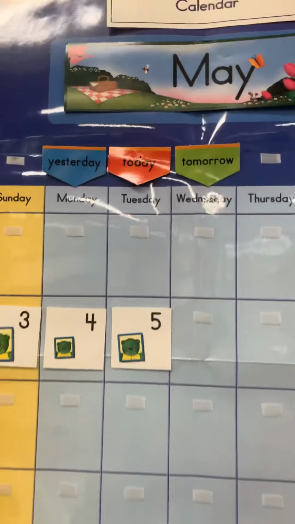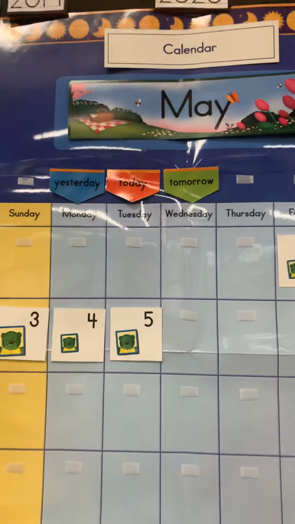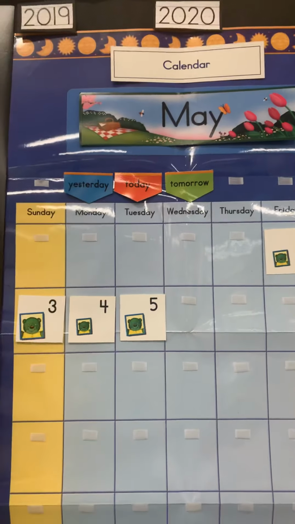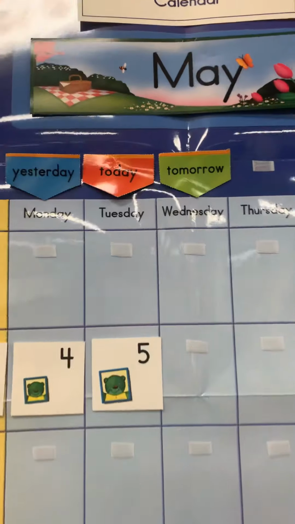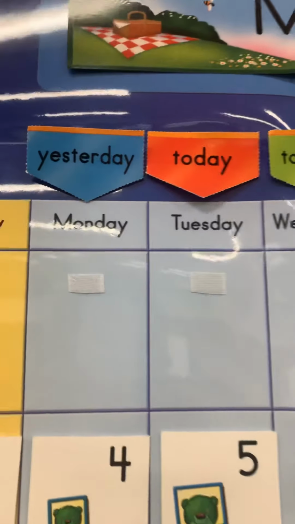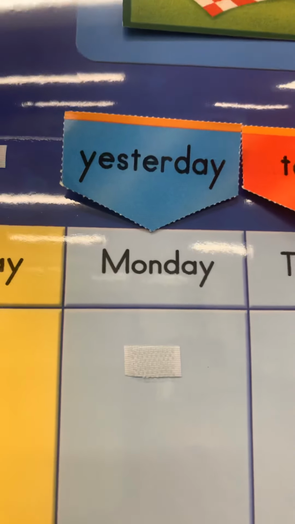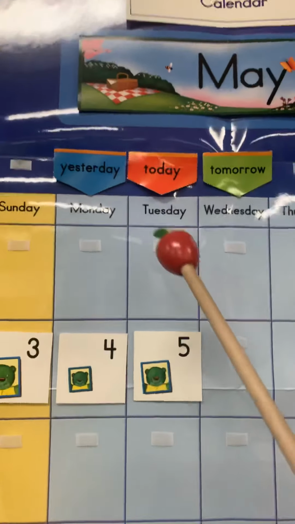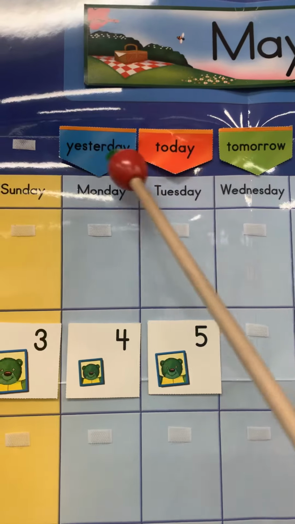Now guess what? Does anybody see something new on our calendar? I'm going to zoom in on it. That's right. If you pointed to the blue sign, you are correct. This is a new part of our calendar.